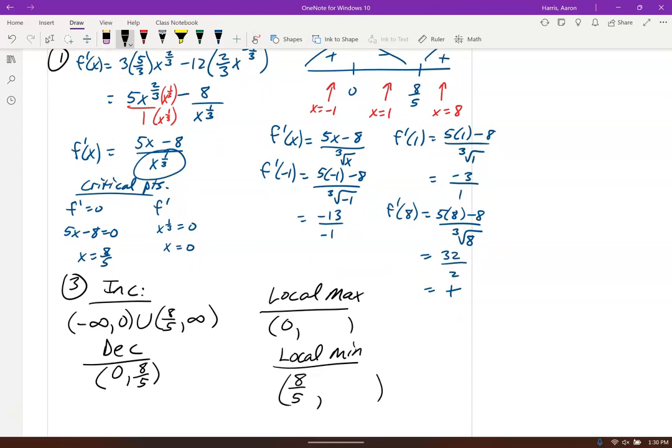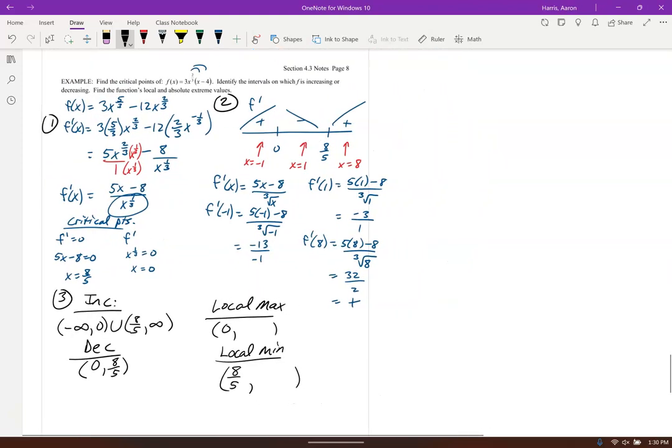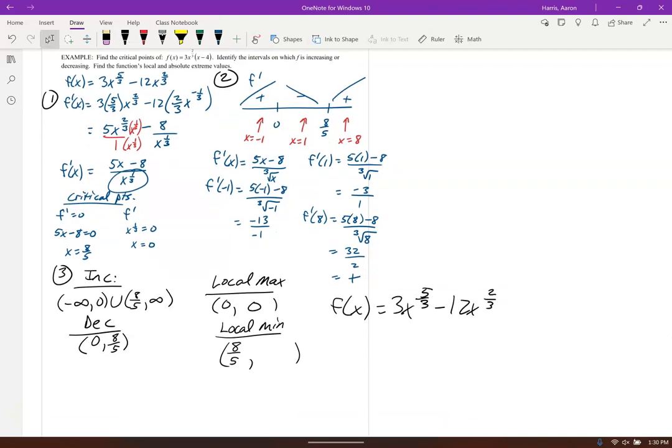So I plug those into the original function. Here's the original, 3x to the 5/3 minus 12x to the 2/3. Plugging in 0, that'll give you 0. What does the 8/5 give you? Plug that in: 3 times 8/5 to the 5/3 minus 12 times 8/5 to the 2/3.